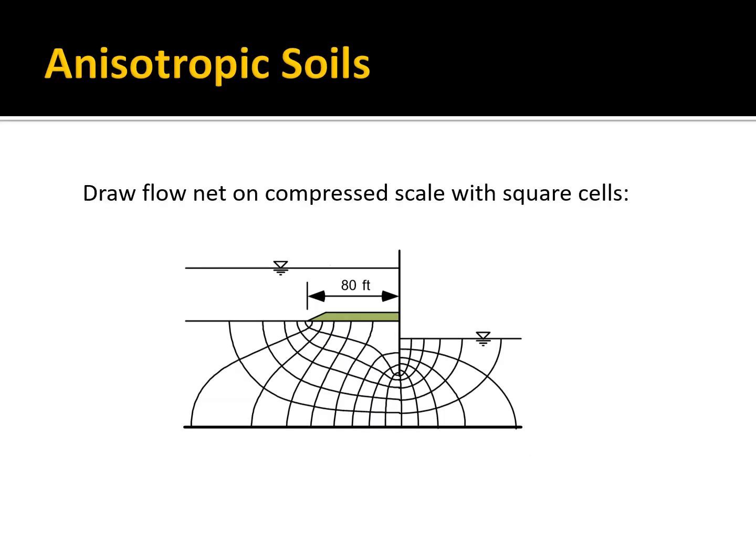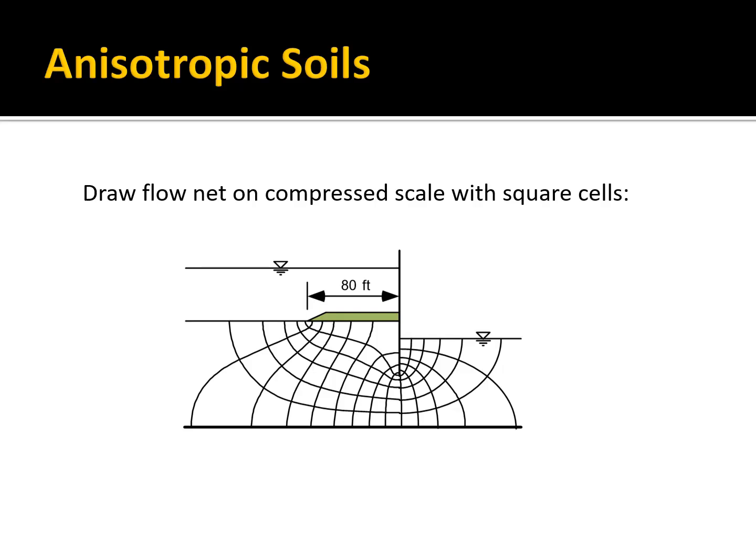Then you draw a flownet solution using that compressed scale, the transformed x. You'll notice that, I'm pretty proud of this, I drew this one myself. We have these nice well-formed cells, and that looks like a pretty decent solution to the flownet.